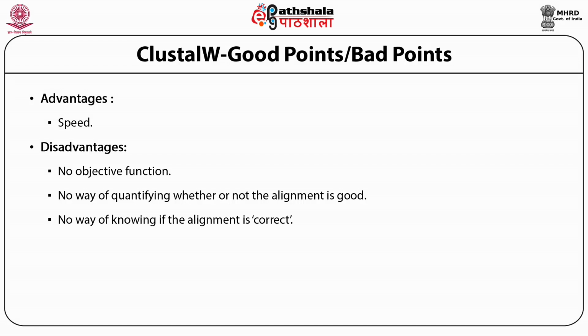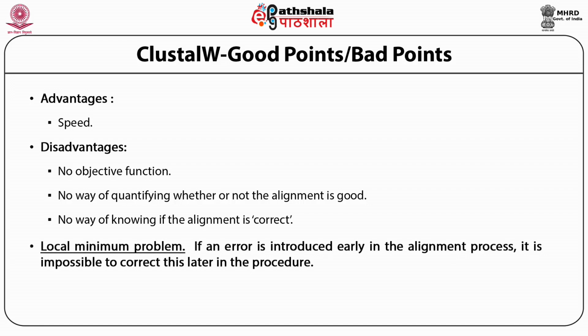And of course, there is the so-called local minimum problem, that while doing progressive alignment, if an error happens by some means early in the alignment process, then that becomes fixed and it cannot be corrected. So everything goes wrong. So such minor disadvantages are there. Nevertheless, ClustalW remains perhaps the major program for doing multiple alignments at the present time.